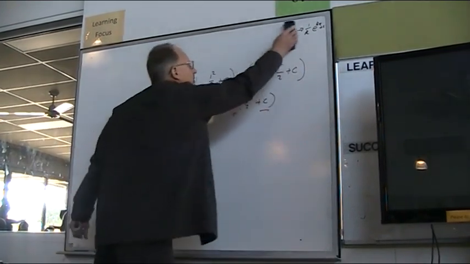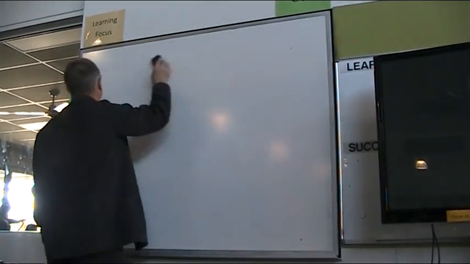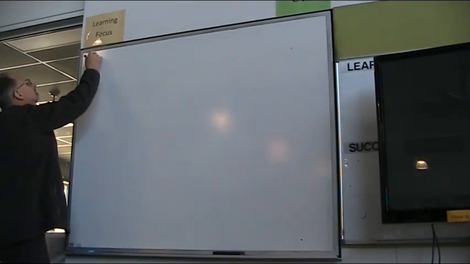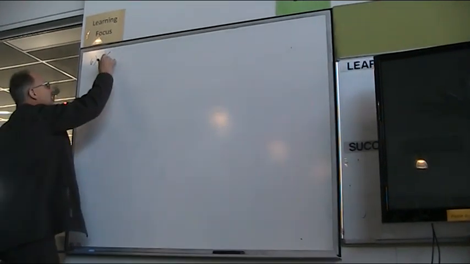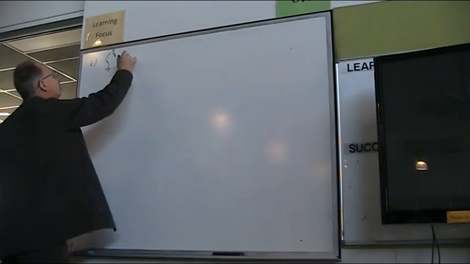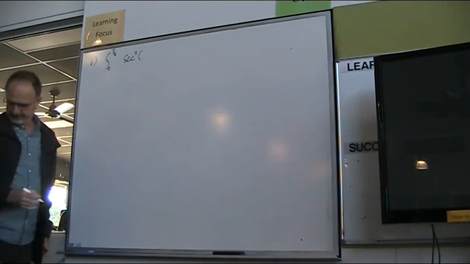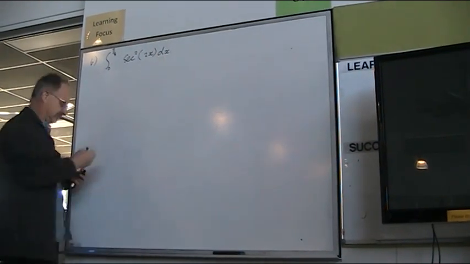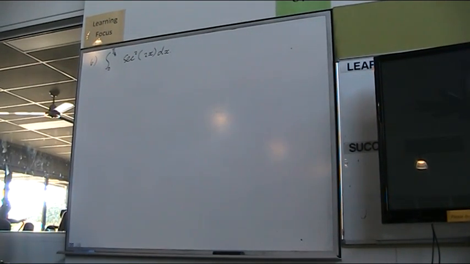All right, next example. This time we want the integral between 0 and pi on 8 of sec squared 2x dx. This is where I'd be suggesting you always have your formula sheet handy, so you can have a quick look. You might think sec squared doesn't make any sense to me.